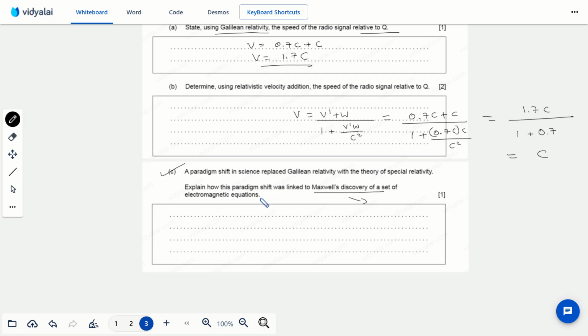And by that, it also means that it's independent of the motion of the source too. So whether the source which is producing the light is moving or at rest relative to the one observing the light, both of them will see the exact same speed, which is c.